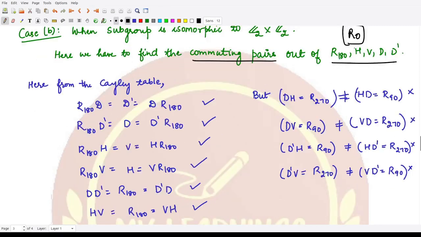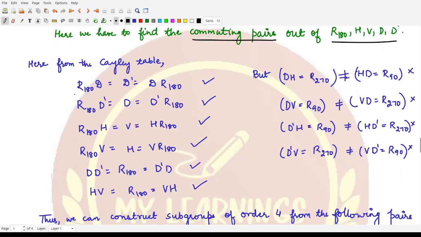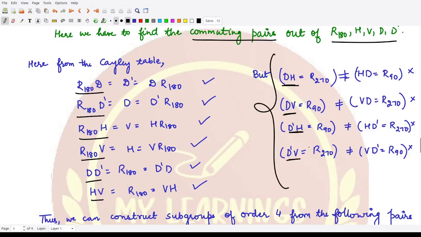So from the Cayley table you can see that R180 commutes with D, R180 commutes with D dash, R180 commutes with H, R180 commutes with V, D commutes with D dash and H commutes with V. However, D and H do not commute, D and V do not commute, D dash and H do not commute and D dash and V do not commute, correct?